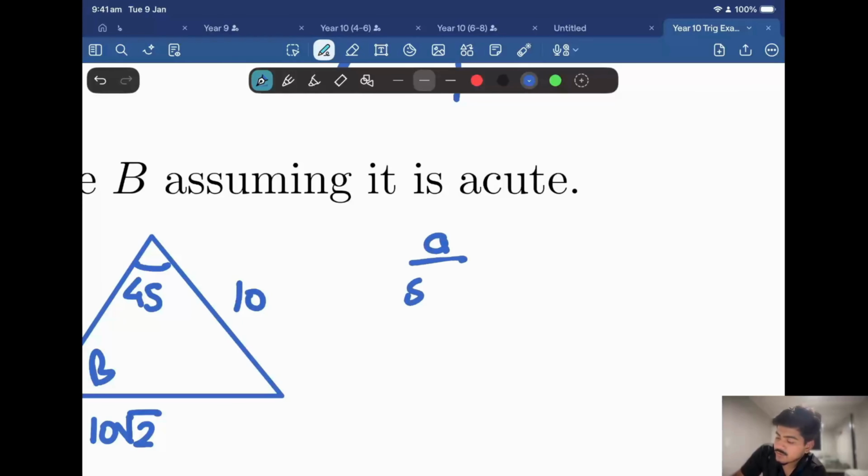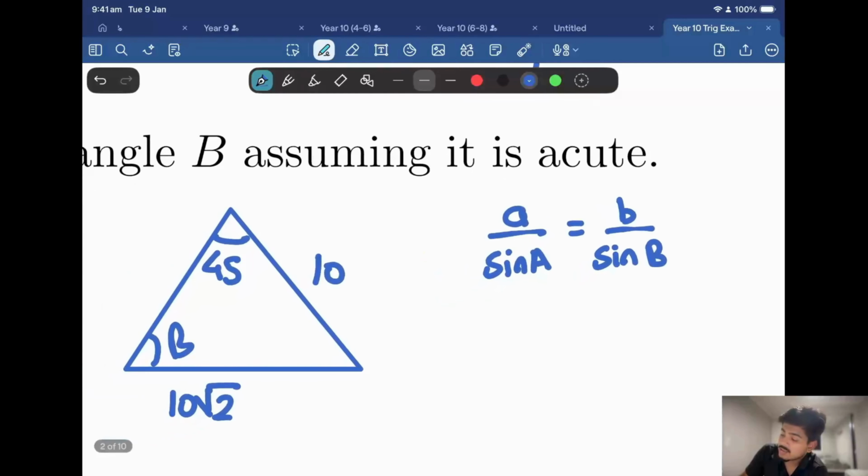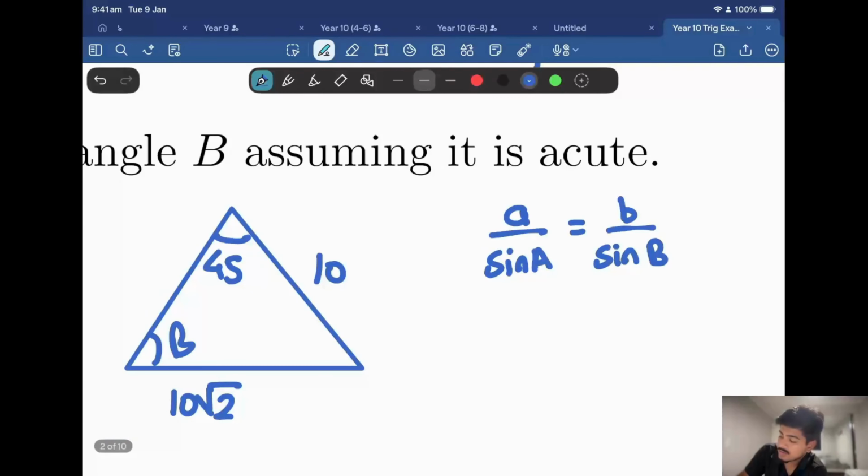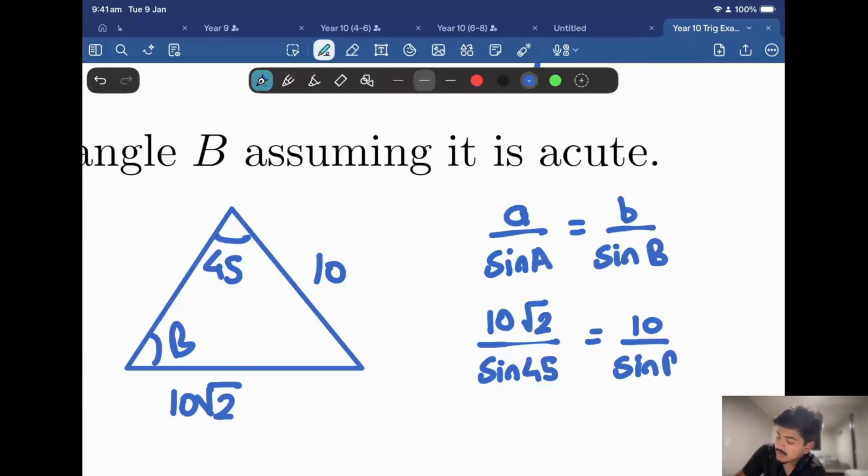So a over sine A is equal to b over sine B. So a over sine A is 10 root 2 over sine 45, is equal to b, which is 10 over sine B.